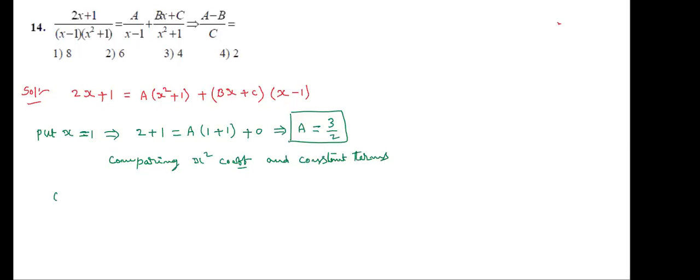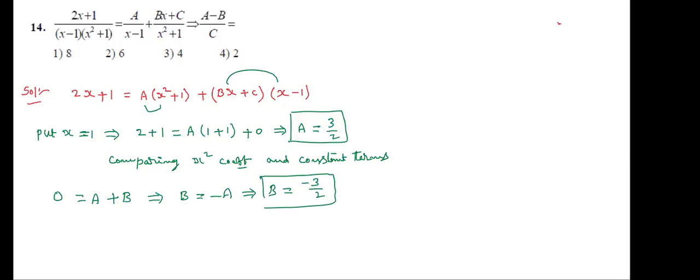See, left hand side is 0. Right hand side, if you multiply these two, you will get x square coefficient A. If you multiply these two, x square coefficient is B. A plus B is equal to 0. Then what is B? Minus A. Already we know that A value. So finally, B value is minus 3 by 2.